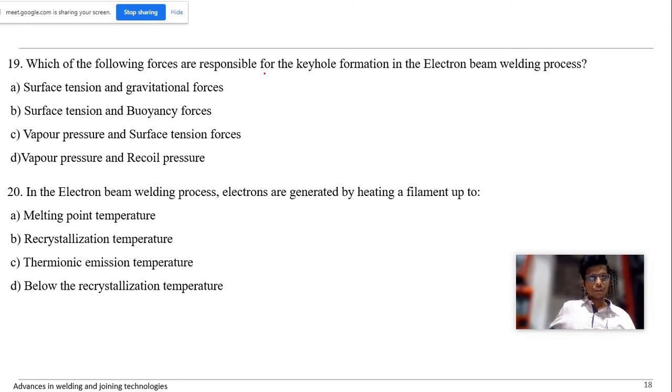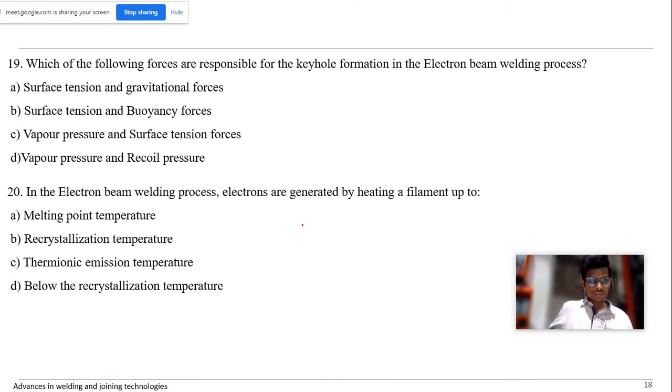Which of the following processes are responsible for keyhole formation in electron beam welding? Because of vapor pressure and recoil pressure. Nowhere do the buoyancy force and surface tension come in, and gravitation also won't come. Gravitational forces play a role in droplet detachment. But for keyhole formation, it is mainly vapor pressure and recoil pressure.